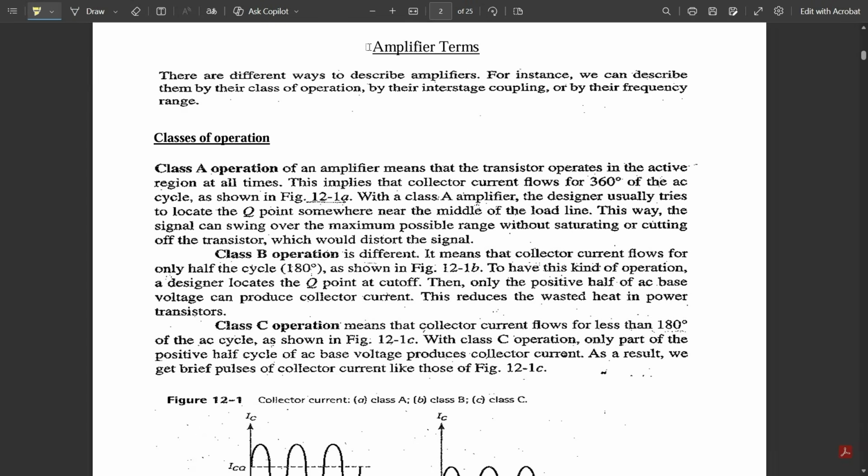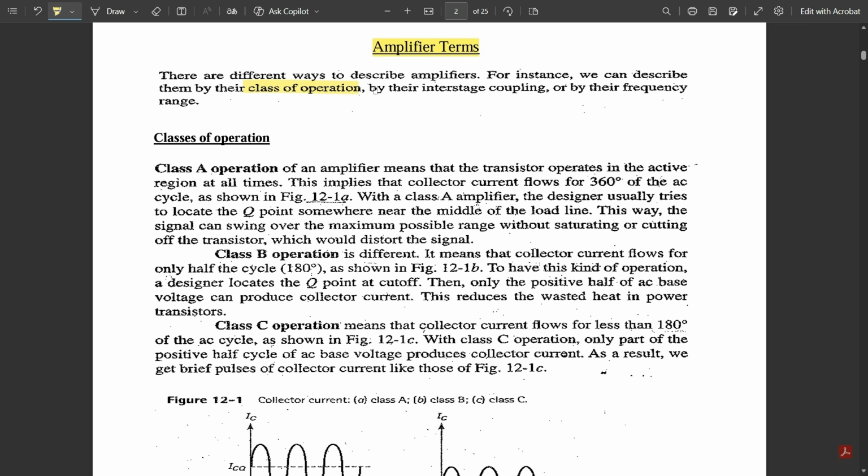Amplifier terms: there are different ways to describe amplifiers. For instance, we can describe them by their classes of operation. The classes of operation mean that each amplifier is divided into different subclasses, through which the waveforms obtained at each class would have different efficiency values at different instances of the positive and negative half cycles at different phases.